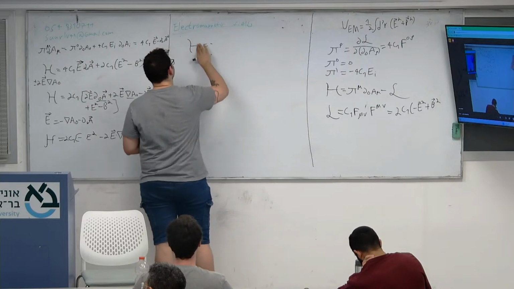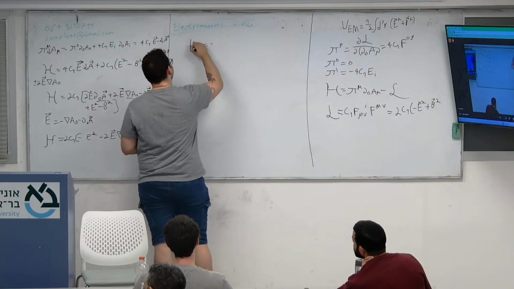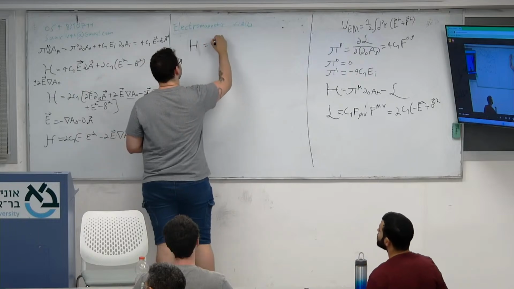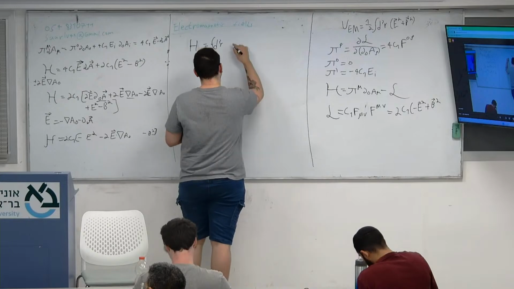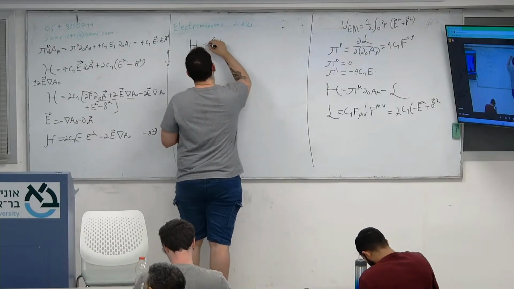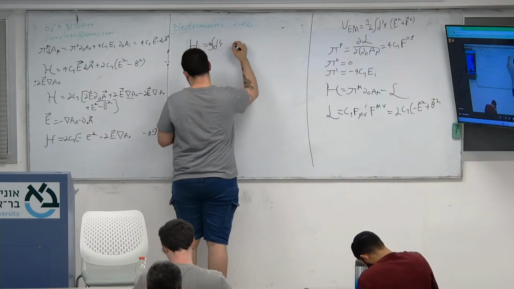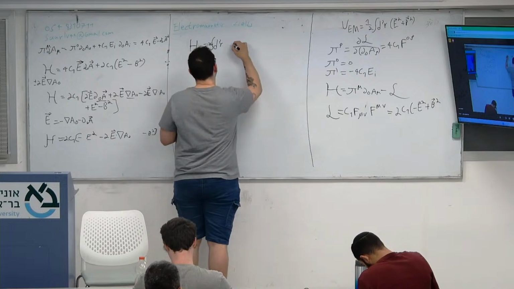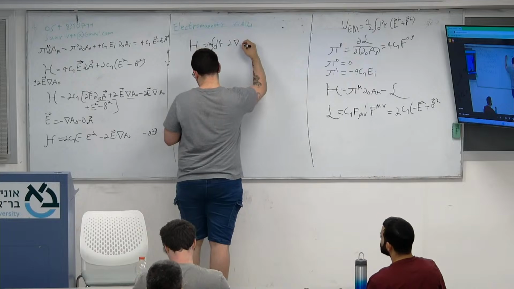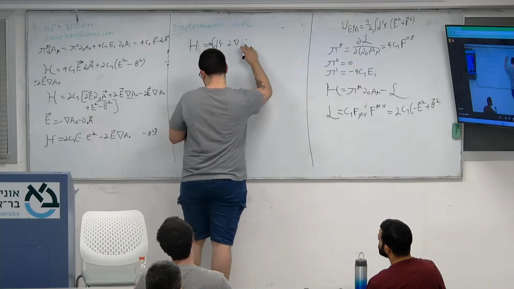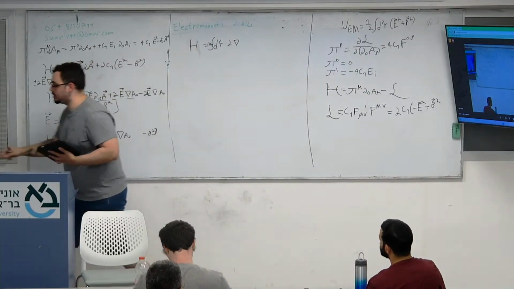Let's take the overall H already. H equals integral to the field R minus 2C 1 2.